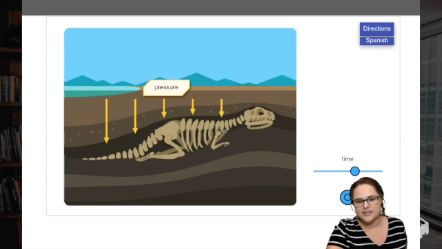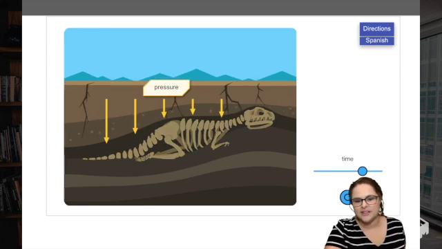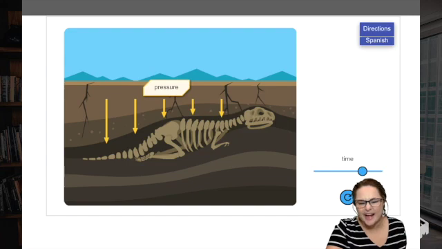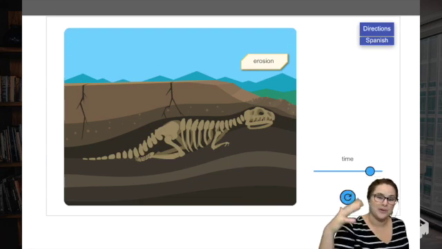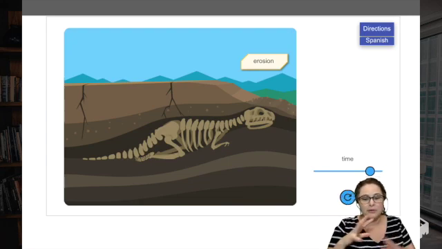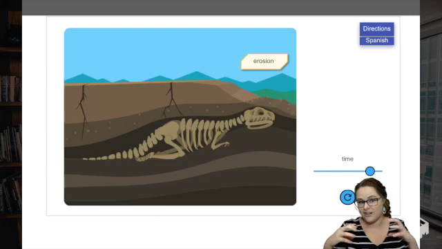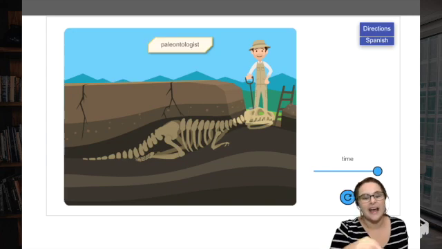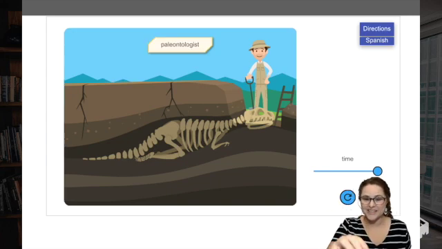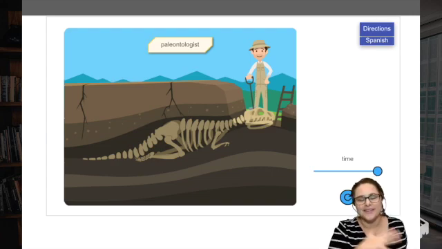Now we're going to start seeing that the rock is wearing away. You can see those cracks in the rock. This might be how it starts to erode, or that word erosion would mean that those rocks and that hard dirt are being worn away. So that is when naturally someone like a paleontologist would be able to find the skeleton.